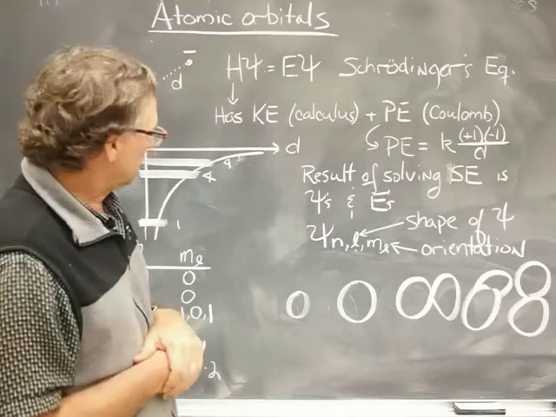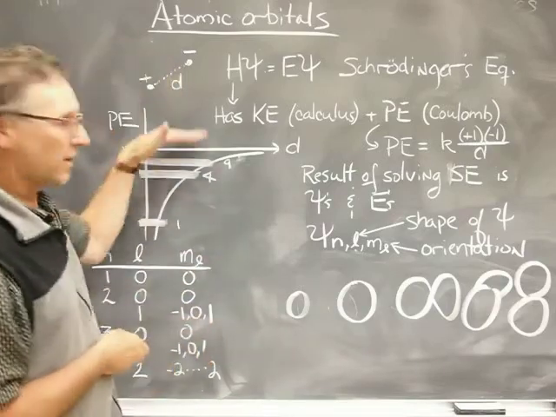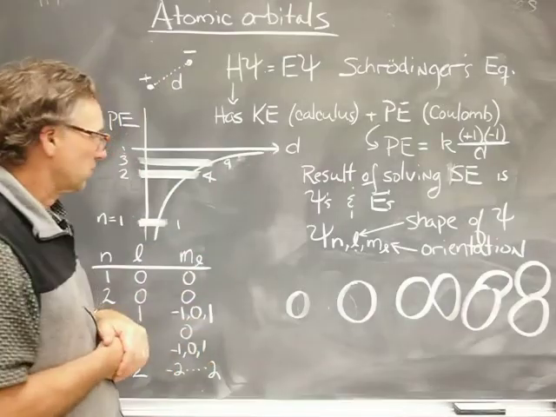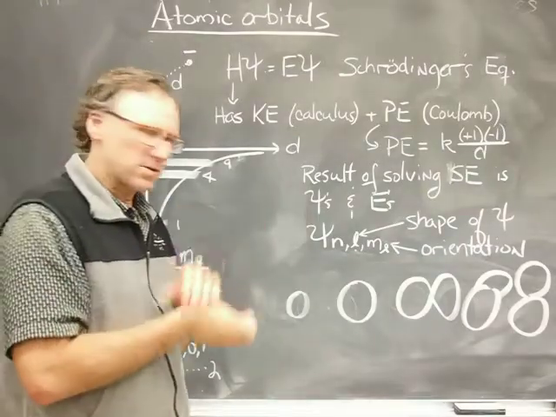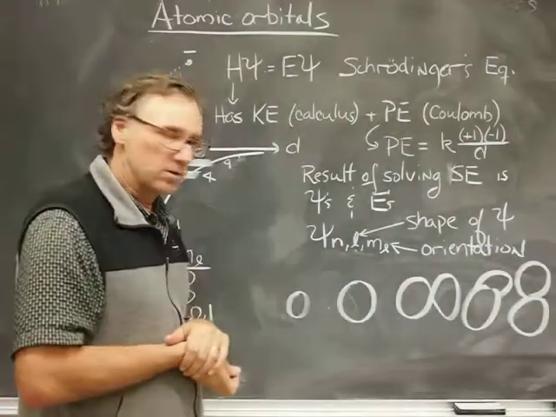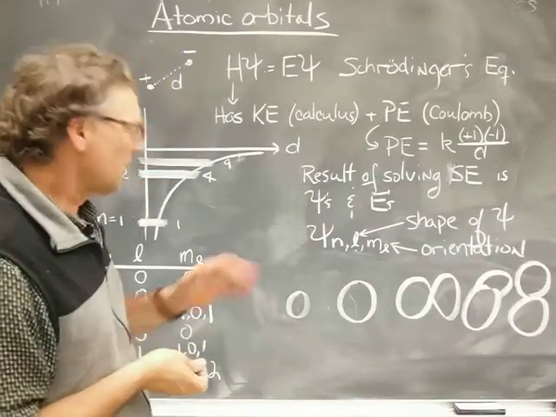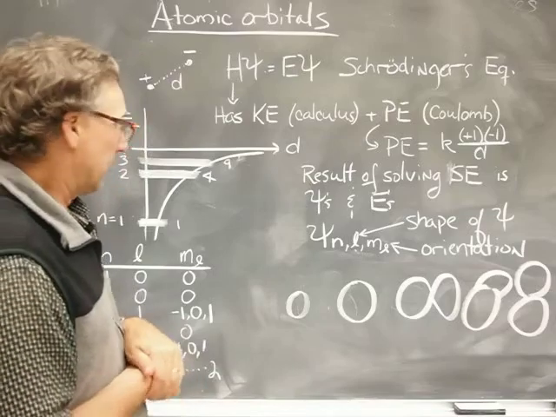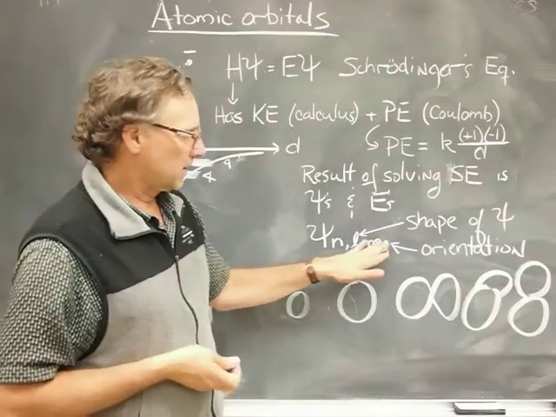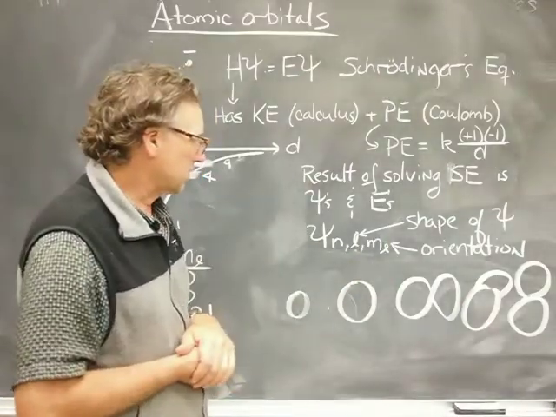The principal quantum number defines a few things. Obviously, it defines the energy that the orbital or wave function will have. It also defines the size of the wave function or orbital: the bigger the n, the bigger the orbital. And it also controls some of the values that the other quantum numbers can have.